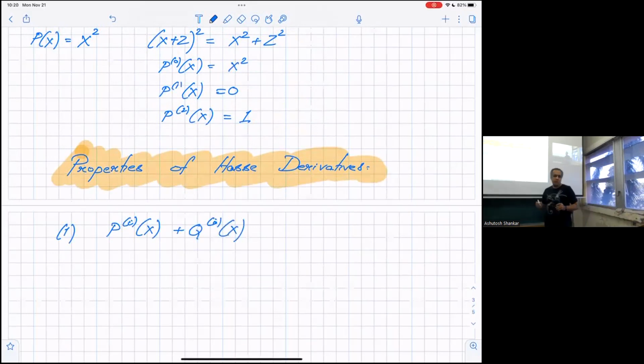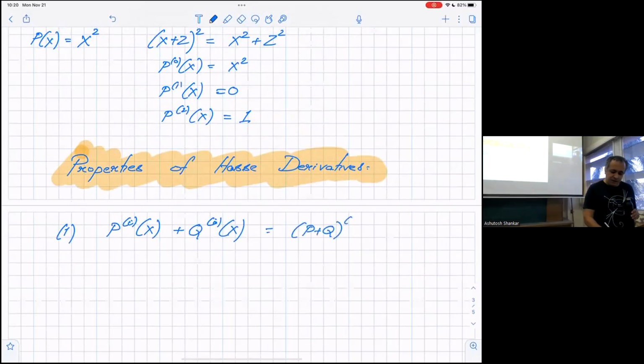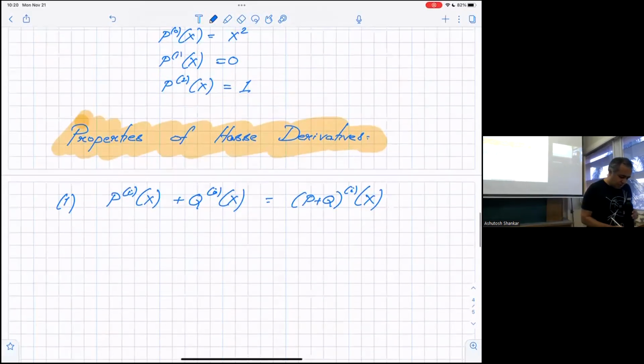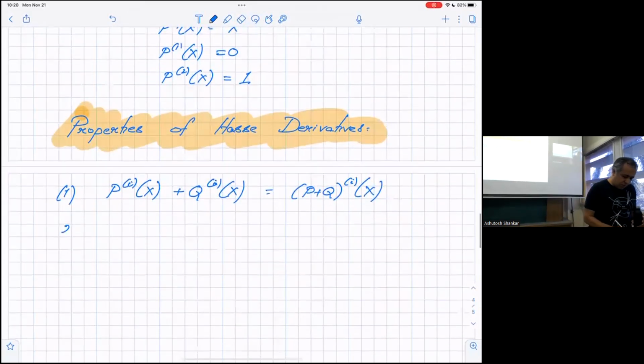I'm not going to put a vector symbol over it. The definition will tell you it has additivity. You can add the polynomials. That's not hard. Suppose I want to do this for the product.